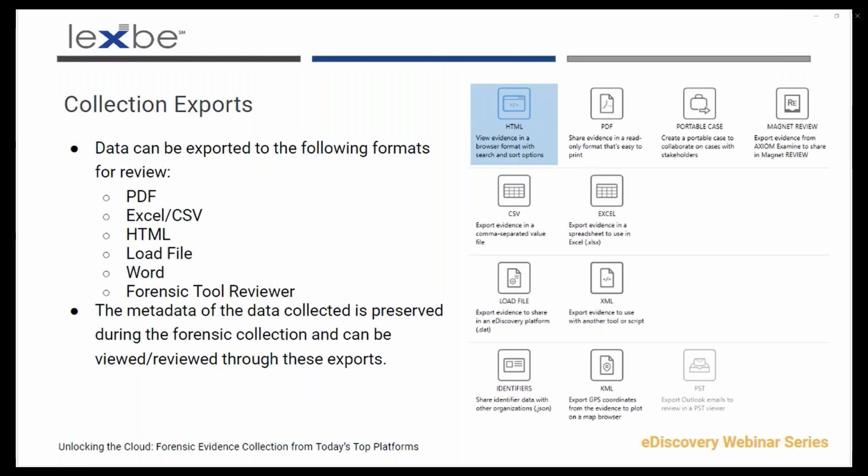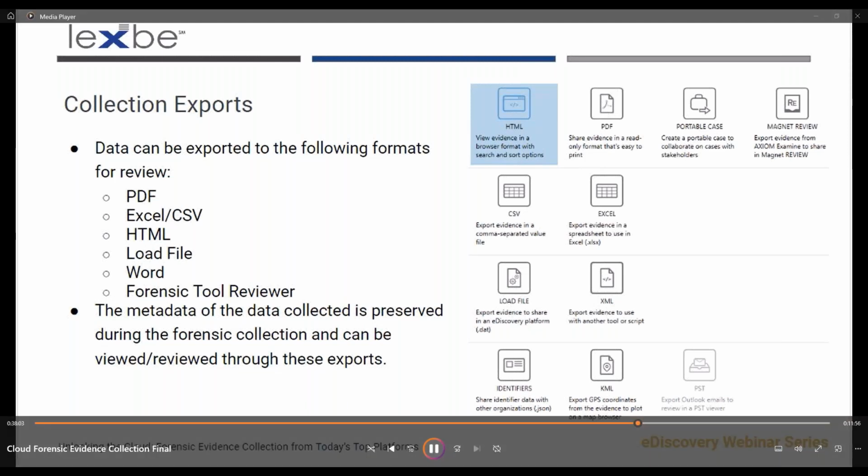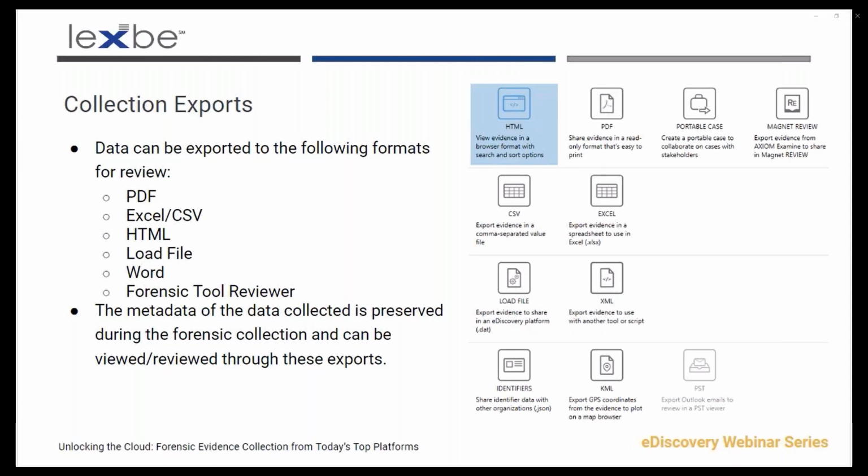And then there's also things like portable cases or Magnet review, which we'd be able to basically give you a copy of the data from the review platform itself so that you can review it within the same review platform on your computer.